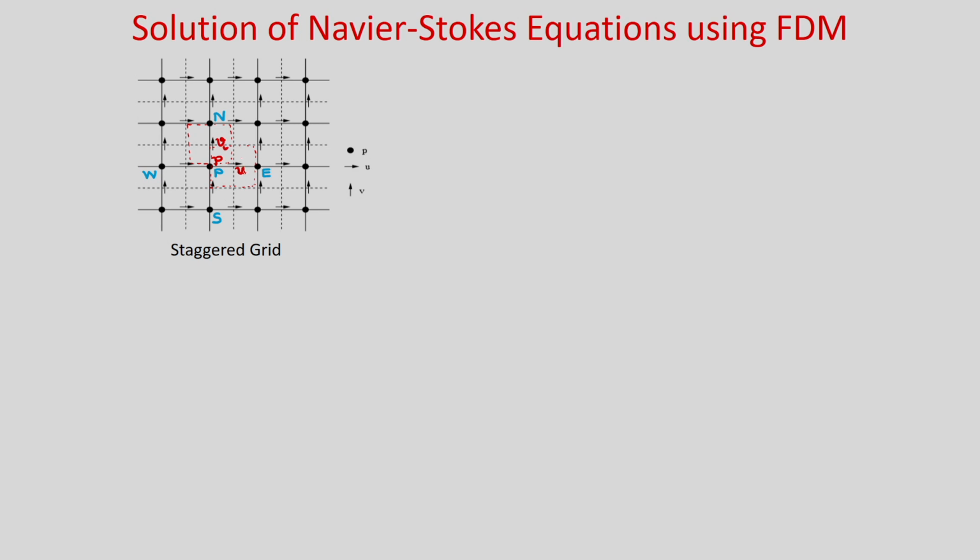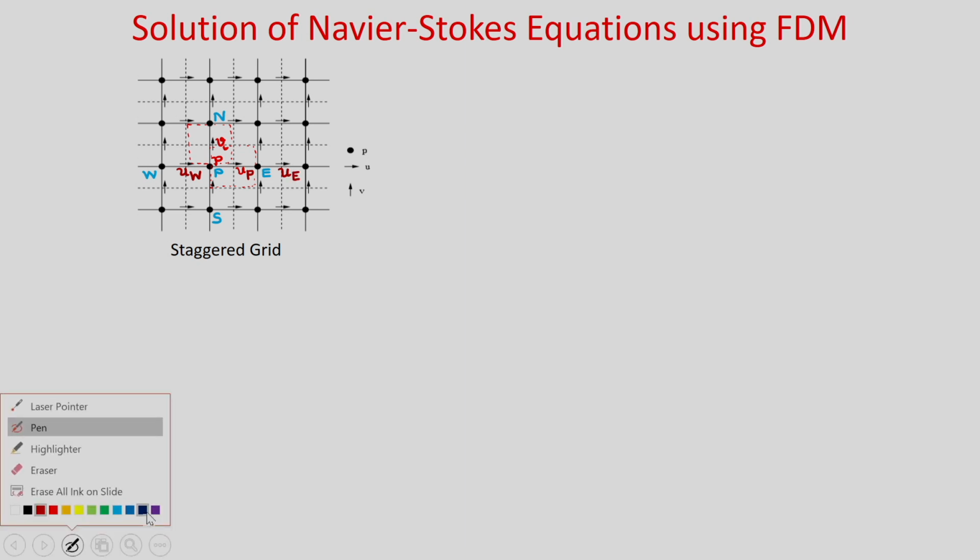So, for u, this is the main control volume, so u P, and this is your u w, and this is your u east, okay.